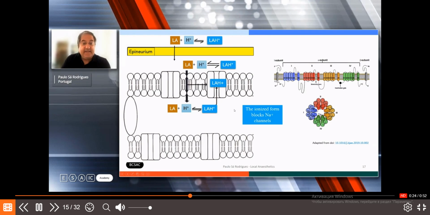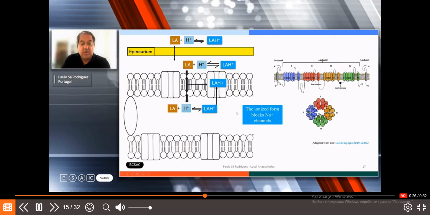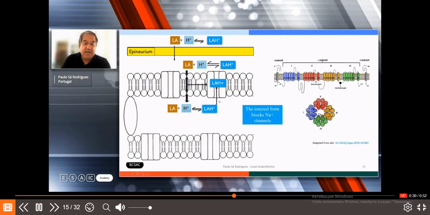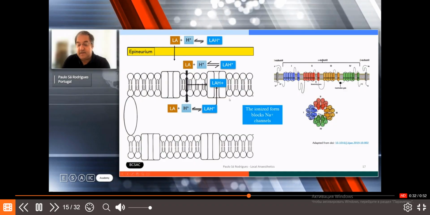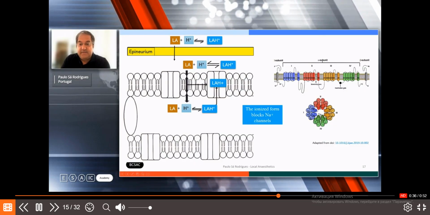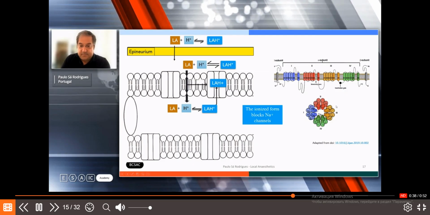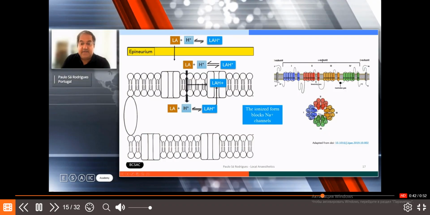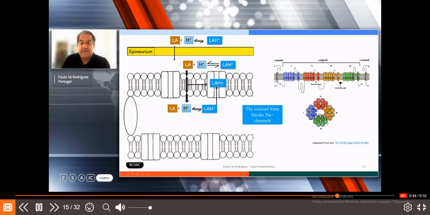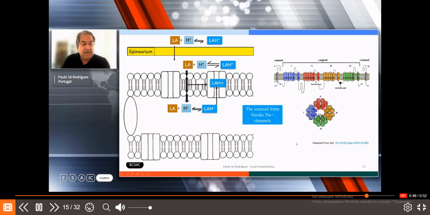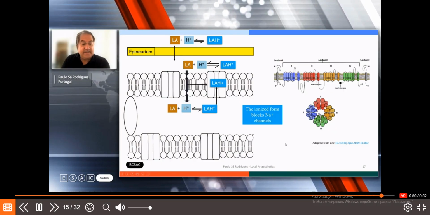It is this ionized form that will block sodium channels, producing the blockade of nerve impulse conduction. And this is the sodium channel, whose subunit conformation will be changed by the presence of the local anesthetics inside the cell.